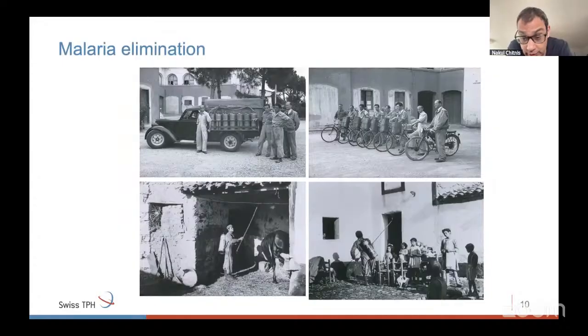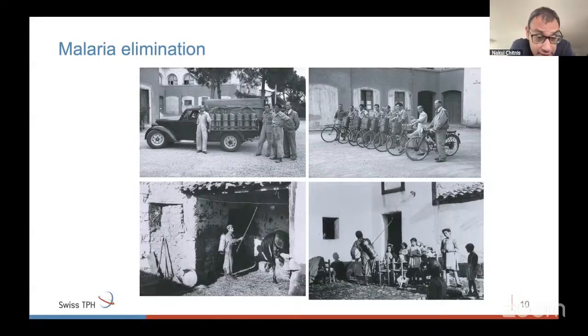They would, in this case, spray houses with DDT, and they called it the attack phase, where they would try to essentially cover as many houses and as much of the surface area as they could, and do this for 5 or 6 years, and expect that at the end of these 5 or 6 years, malaria would have been eliminated, and then they would move on somewhere else.